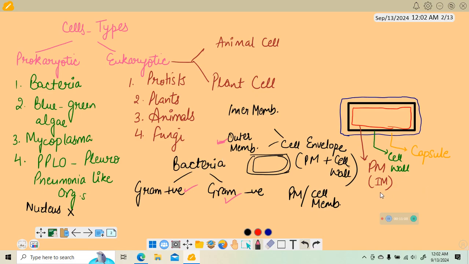Now how are this inner membrane and outer membrane organized? This cell wall is basically the outer membrane.